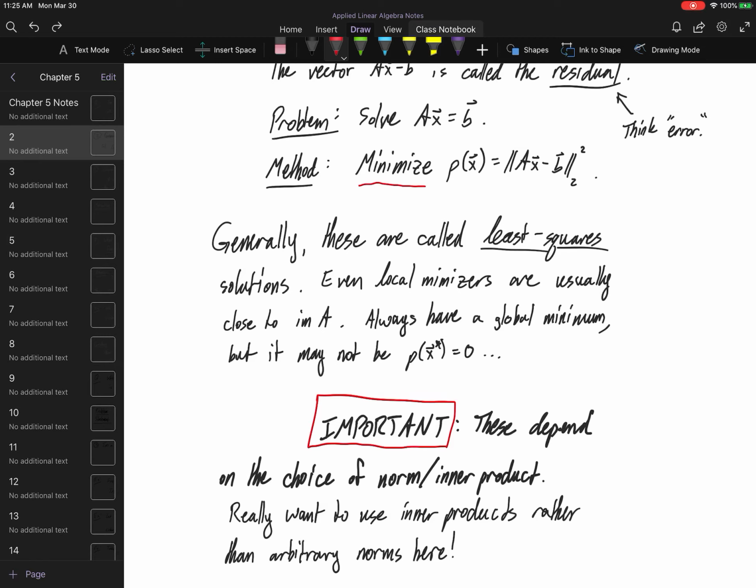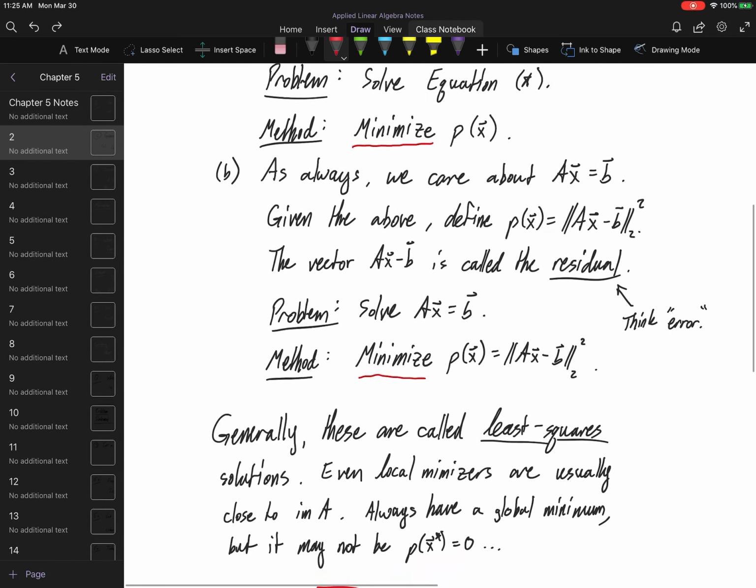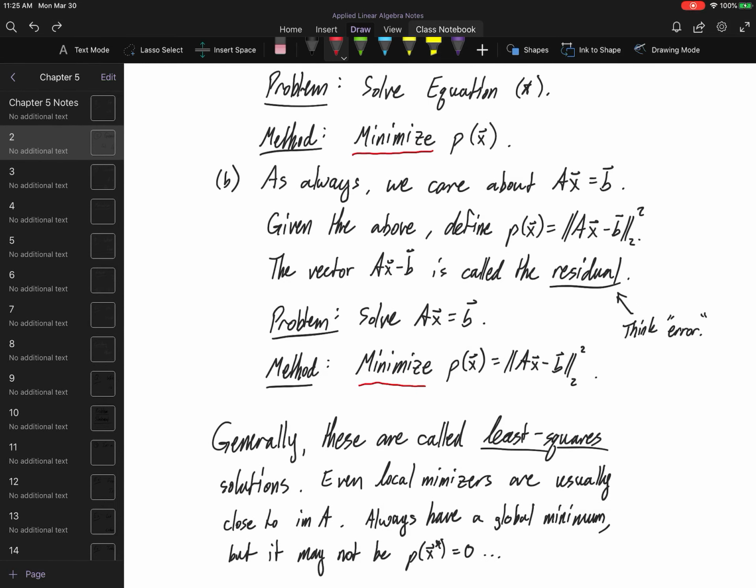These are the ones that make the square norm smallest between where it can go and where it needs to go. So we are trying to find some element in the image of this matrix that is closest in square norm to the solution vector b.